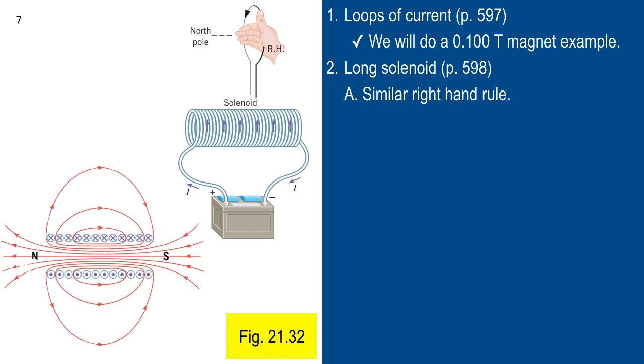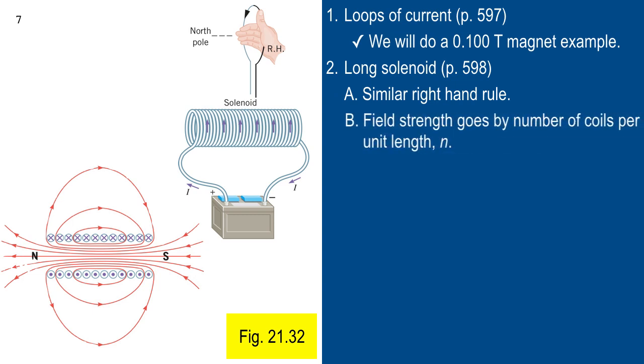On this side the current's going up, and I curl my hand around to the inside of the wire, and it's still going leftward, all the way through. And it has a dipole shape. The intensity is pretty simple. The field strength goes by the number of coils per unit length, lowercase n, so that would be a number per meter or a number per millimeter or something like that.